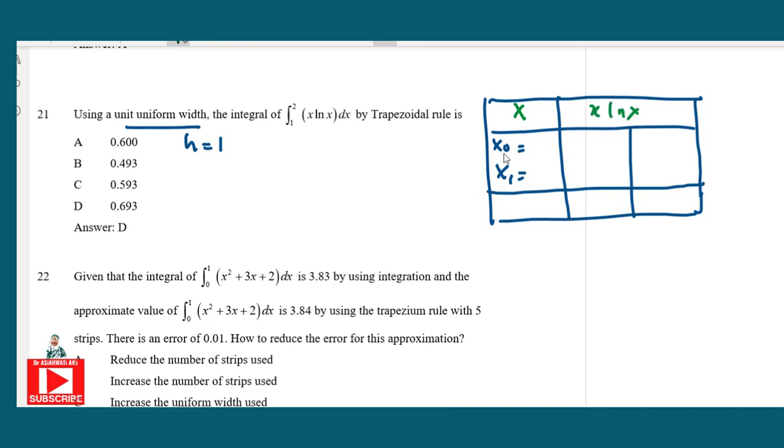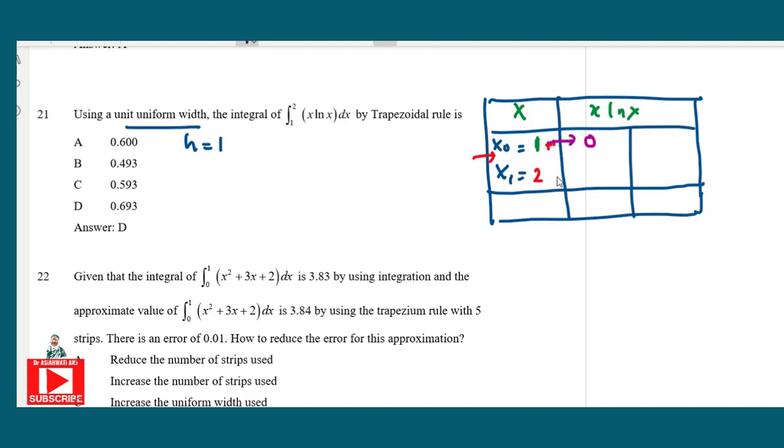When x0 starts at 1, 1 plus 1 is equal to 2. So only 1 trapezium, n is equal to 1 and there are 2 ordinates. So the next step, if x is 1, substitute: ln 1 is 0.